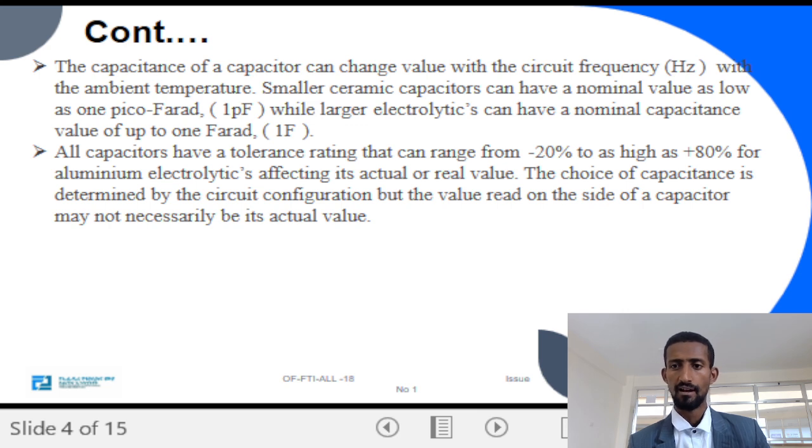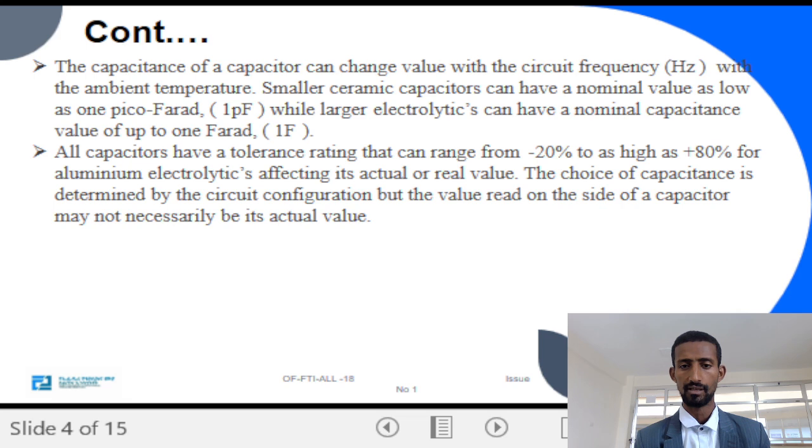All capacitors have a tolerance rating that can range from minus 20% up to plus 80% for aluminum electrolytic, affecting its actual or real value. So the choice of a capacitance is determined by the circuit configuration, but the value read on the side of the capacitor may not necessarily be its actual value.